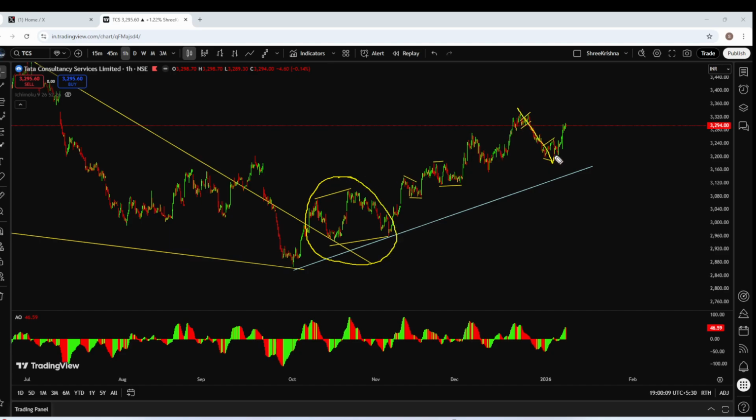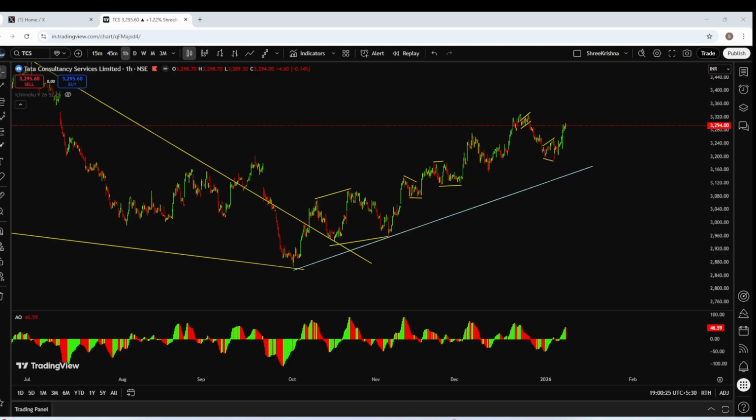We want a zigzag to come here in this place. So this becomes wave 2 and this becomes wave 4, and then you have one more rally which will go up to 3400, a little more than that.